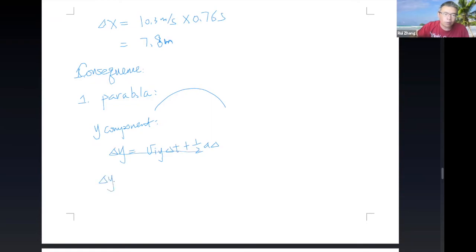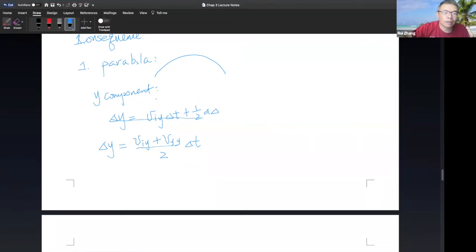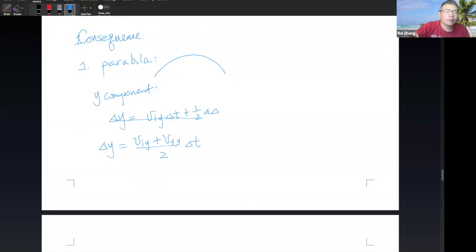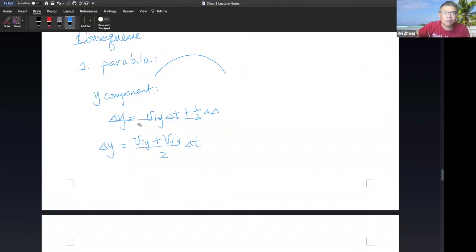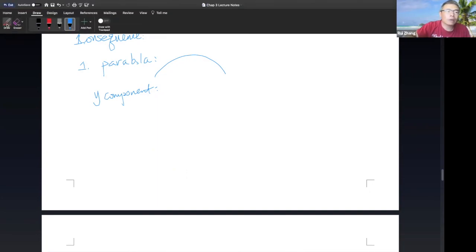Delta y equals VIY plus VFY divided by 2 times delta t. Wait, no, I guess it's the same, sorry, because we need to plug in VFY here. So let's go back to the previous one. Let me use my eraser.